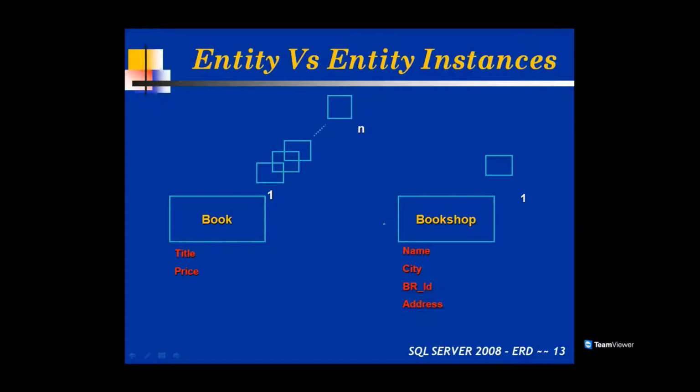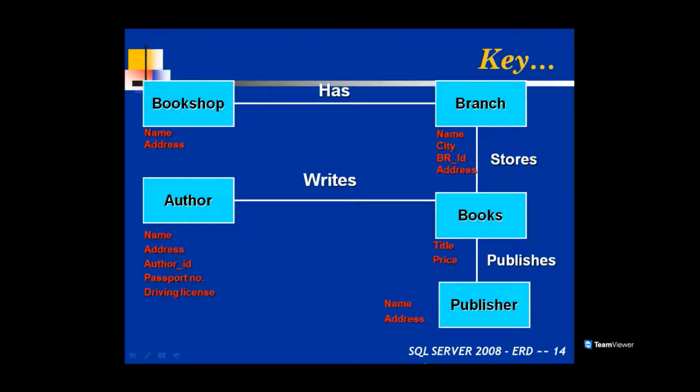When I say book, I may have lots of books, so book is the example for a multiple instance entity. Sometimes an entity may have a single instance, sometimes multiple instances. But an entity cannot have zero instances. That is wrong. So this is entity versus entity instance.